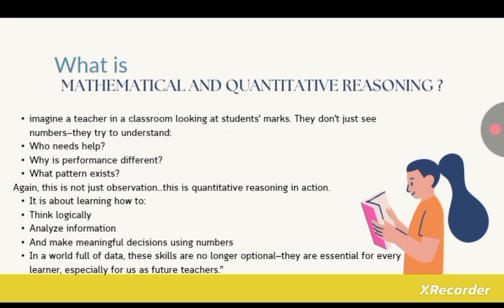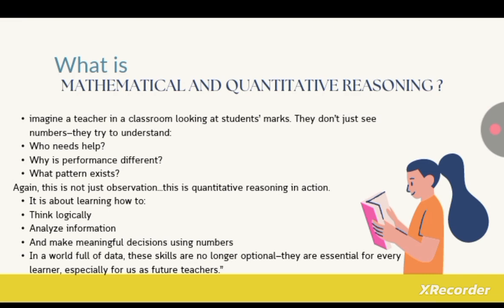Rather, from those marks, they try to understand who needs extra help, that is, who are the students who need extra support from their side. And why is performance different? In spite of giving common instruction to all the students in a classroom, why are certain students performing differently? And what is the normal pattern that exists in a classroom?